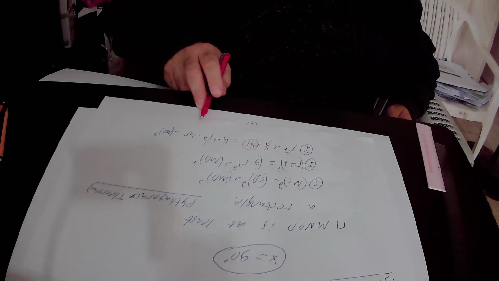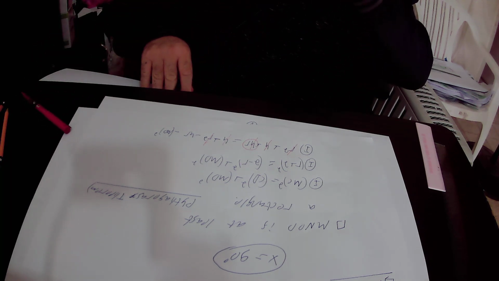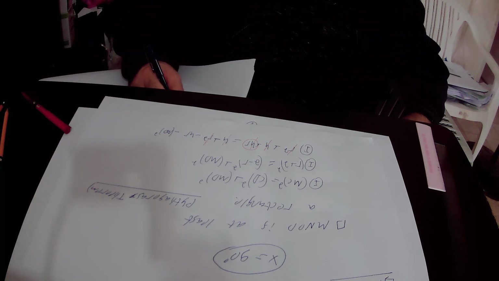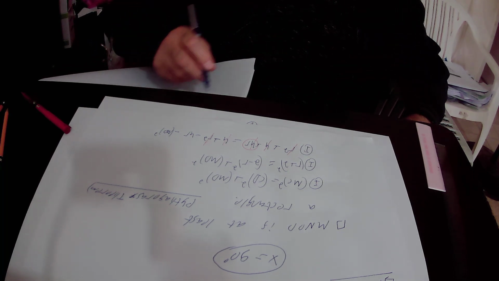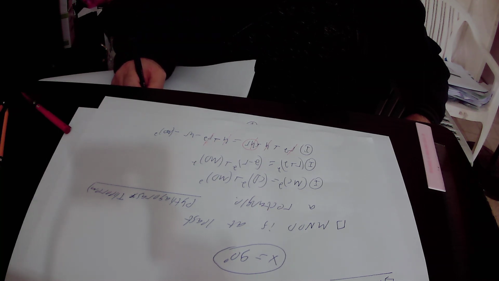So we will add 4R to this equation number 1, and we will get that 4R plus 4R is 8R. 8R equals MD square.